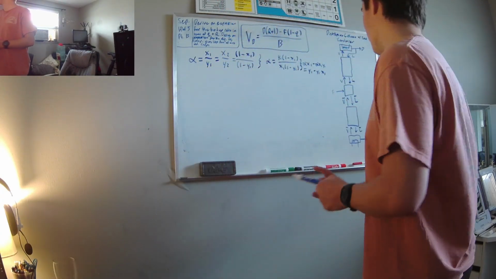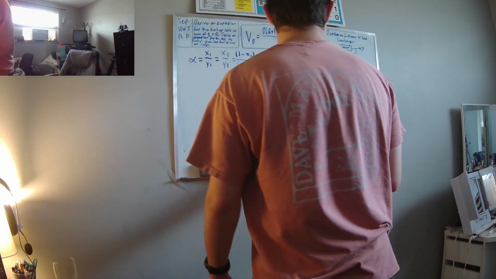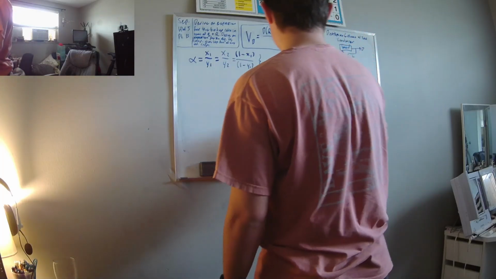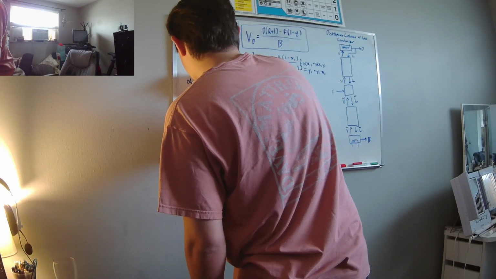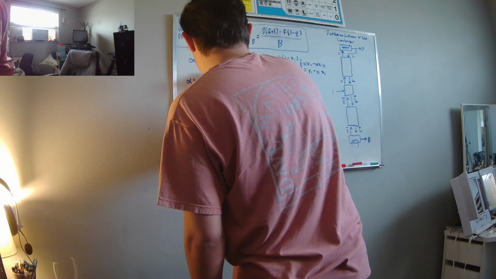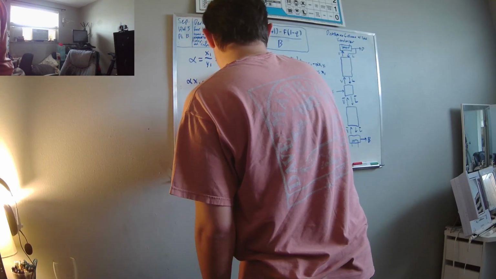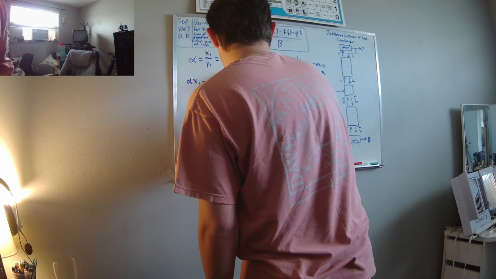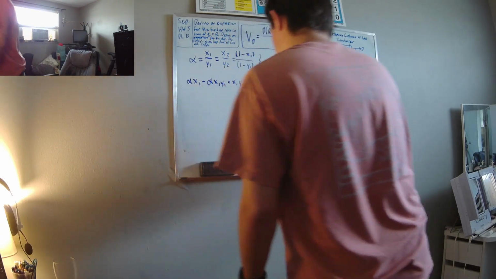We're also going to want to move this y1 x1 term over to this side so that, like I said, we can isolate our x1. So we can say that alpha x1 minus alpha x1 y1 plus x1 y1 equals y1.